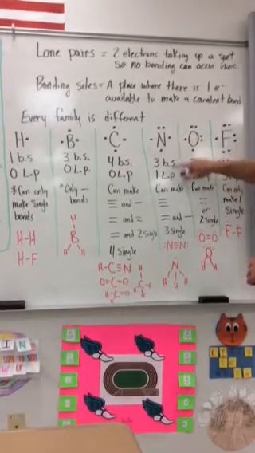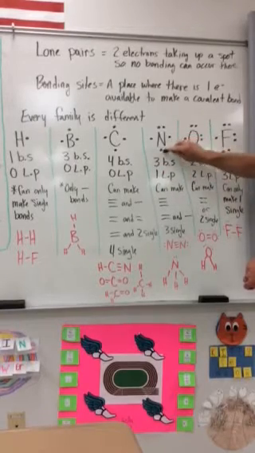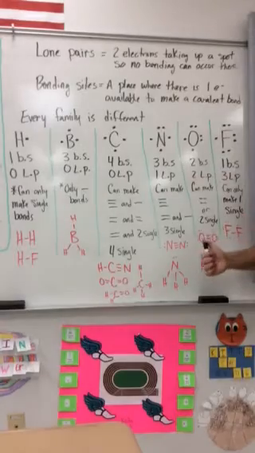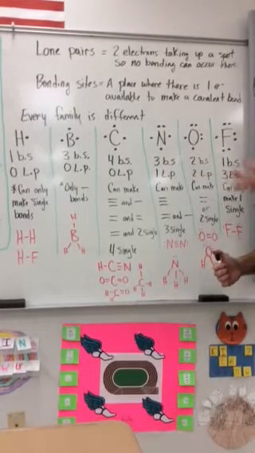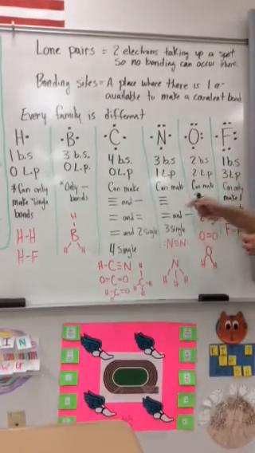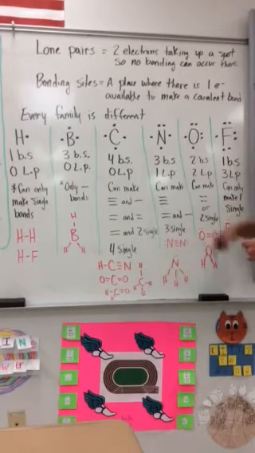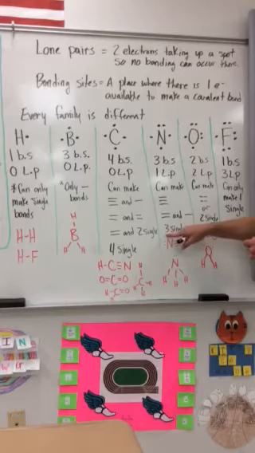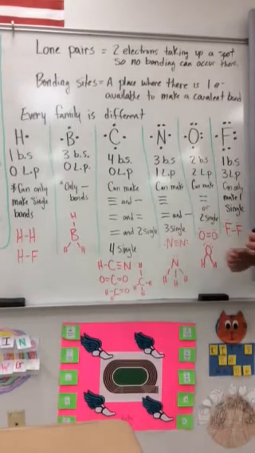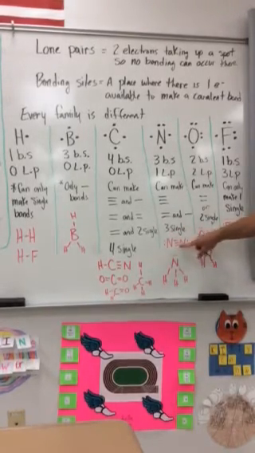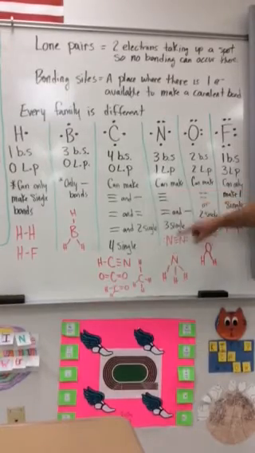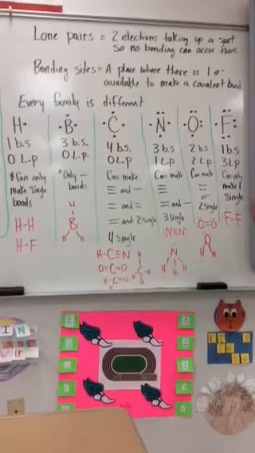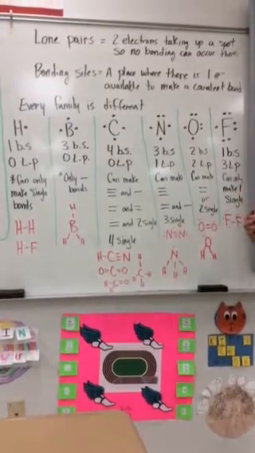Nitrogen's family has 3 bonding sites, 1, 2, 3, and 1 lone pair. And so because it has 3 bonding sites, it has to make 3 bonds. And so it can make 1 triple bond, it can make 1 double plus 1 single, or it can make 3 single bonds. If it makes a triple bond, it tends to do that with its own family, like nitrogen and phosphorus, and they love to make triple bonds because then their full octet is good.